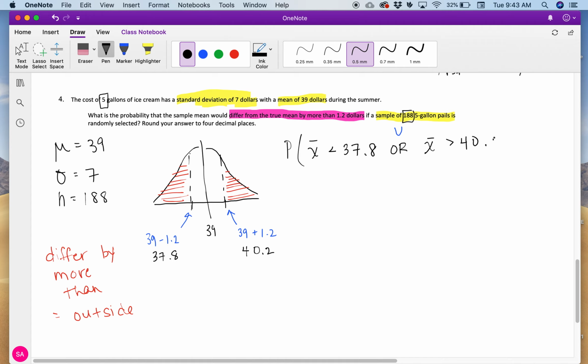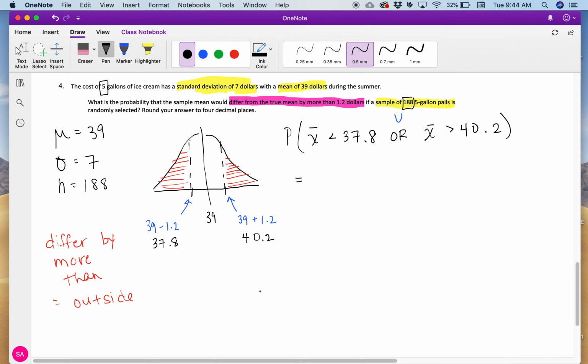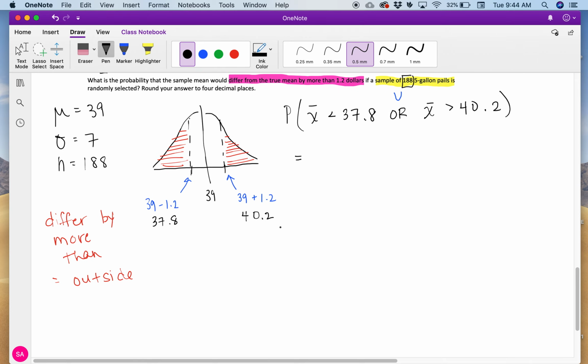So there's 2 pieces that we got to figure out. All right, before we do anything else, we have to figure out the z-scores, do the transformation. So I'll do Z1. I'm going to call this Z1, and this will be Z2.